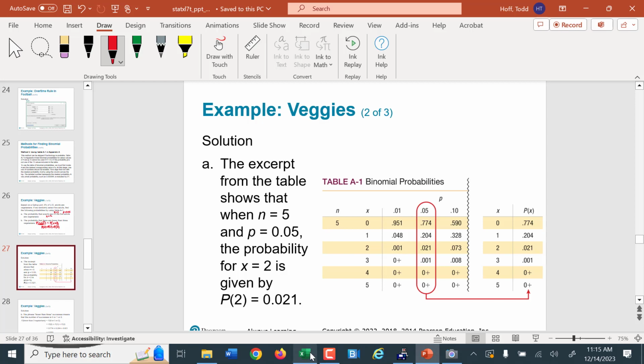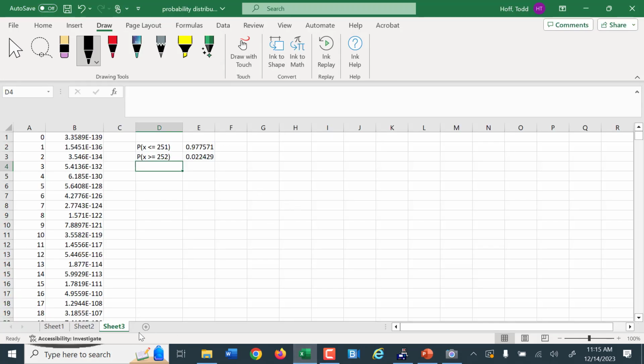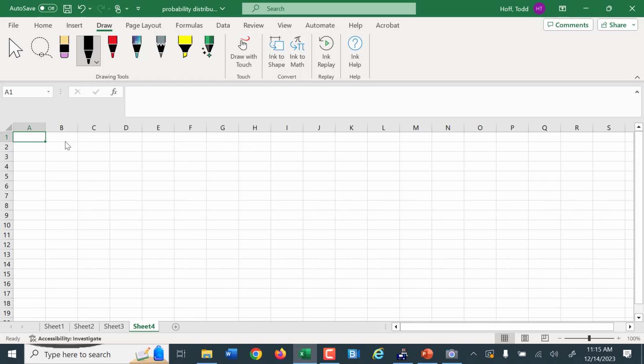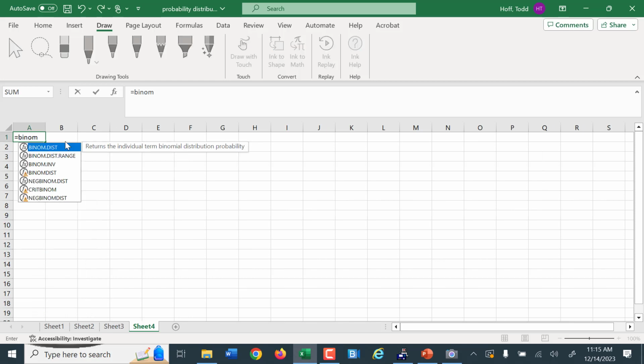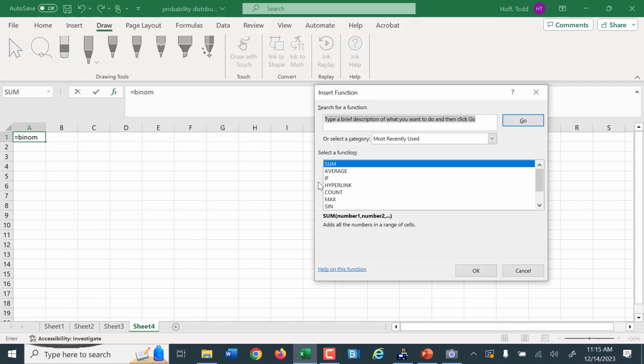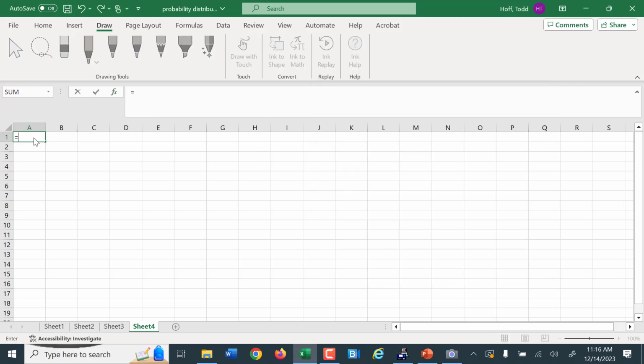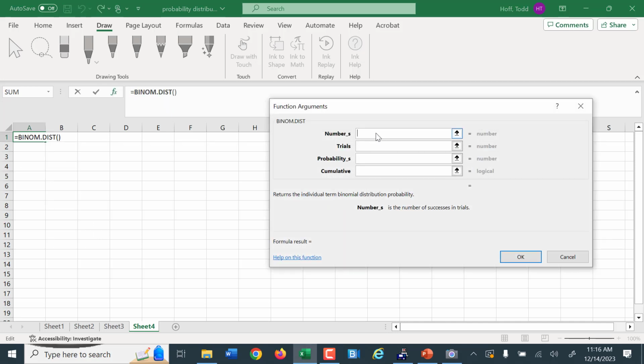Or I can go to Excel here. I'll go to a new page since it's a new problem. Equals binomial dist. Select my function, then hit f of x. Now our number of successes, we want to go up to 2. I just type in the 2.